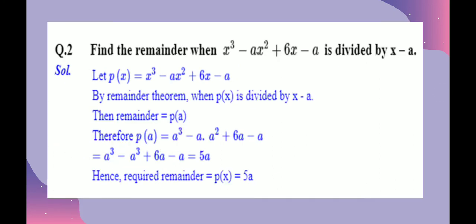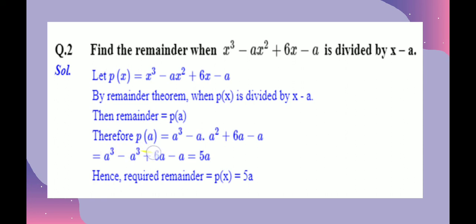Now, question number 2. Find the remainder when x cube minus a x square plus 6x minus a is divided by x minus a. Let p(x) be equal to x cube minus a x square plus 6x minus a. By remainder theorem, when p(x) is divided by x minus a, then the remainder is equal to p of a.